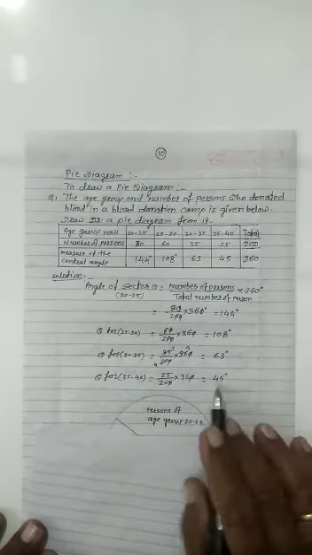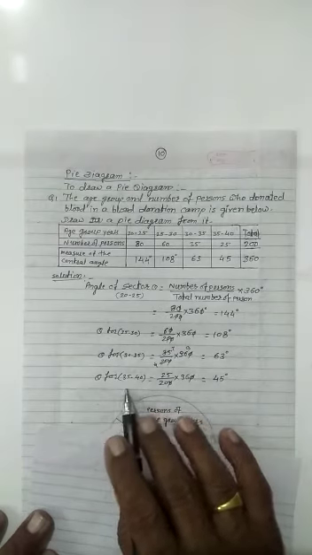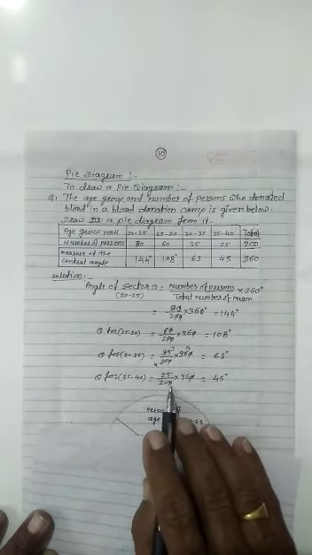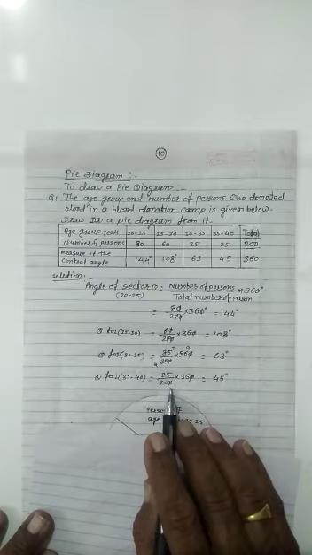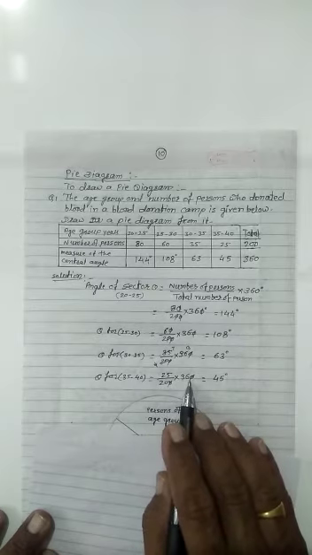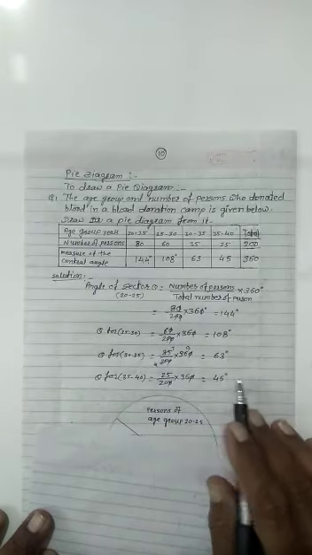We get 63. Then similarly we can find it for the 25 persons: 25 divided by 200 into 360, then we get 45 degrees.